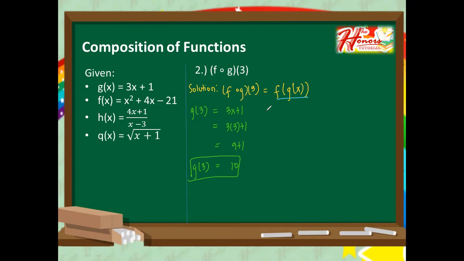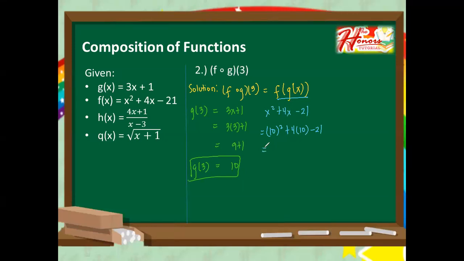So that is x squared plus 4x minus 21. And then what you are going to do is to substitute g of 3, which is equal to 10. So that is 10 squared plus 4 times 10 minus 21.